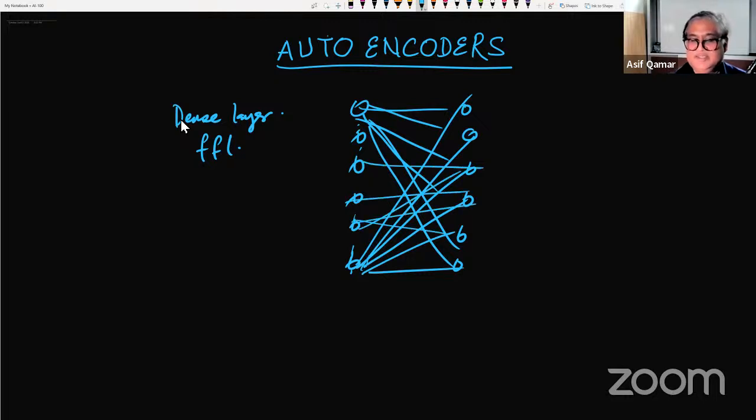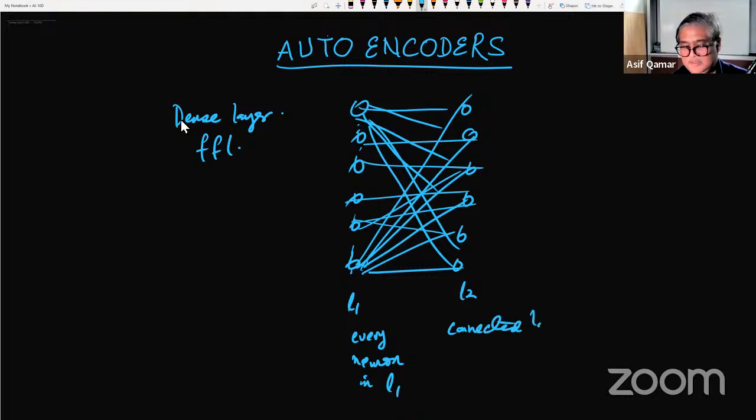Are we together, guys? Everything is connected from layer 1 to layer 2. Every neuron in layer L1 is connected to every neuron in layer L2. This was your feed-forward network.